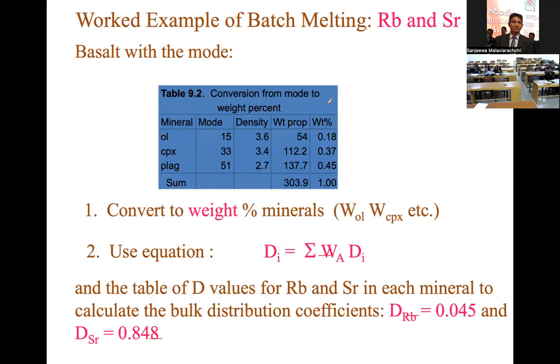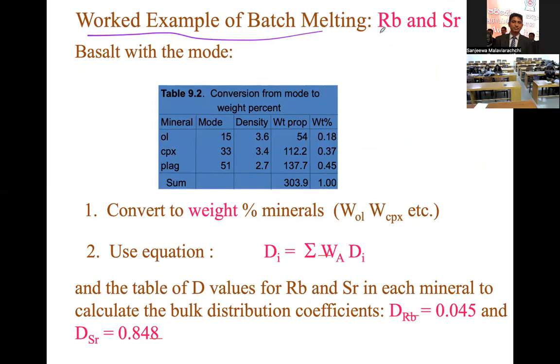Right. Now let's do an example. This is a worked example for batch melting, which you can use to understand some of the facts that we learned and how to apply them.